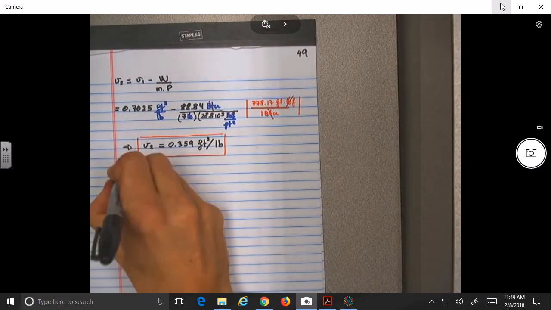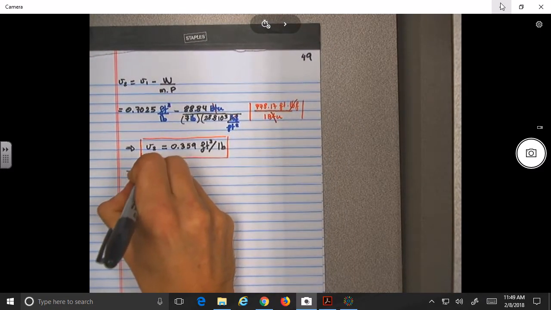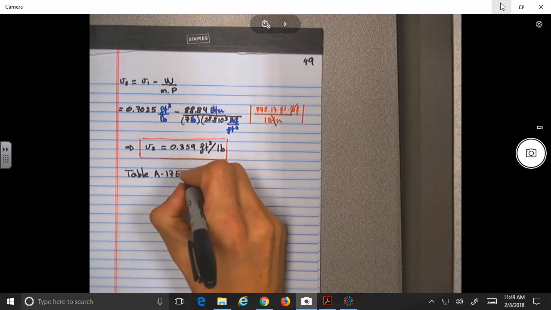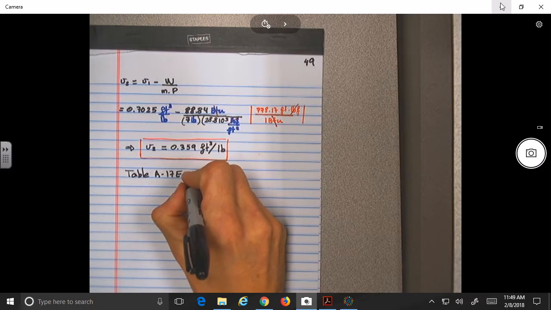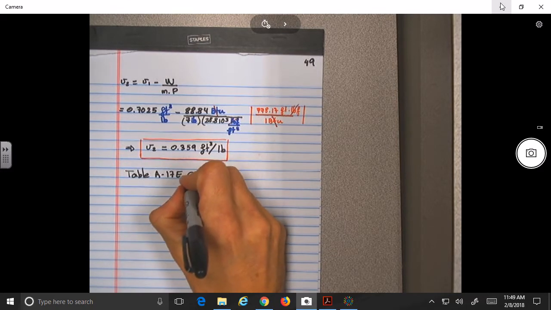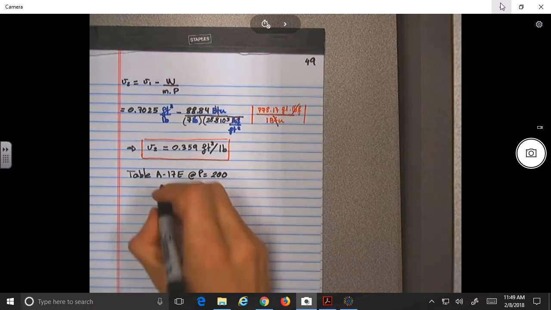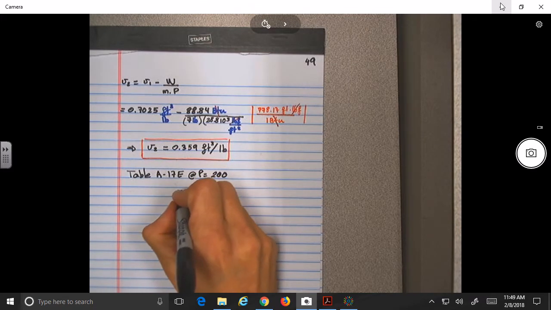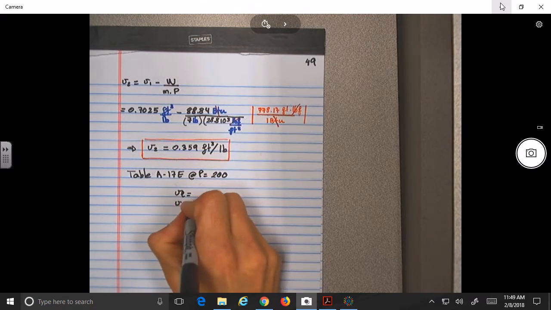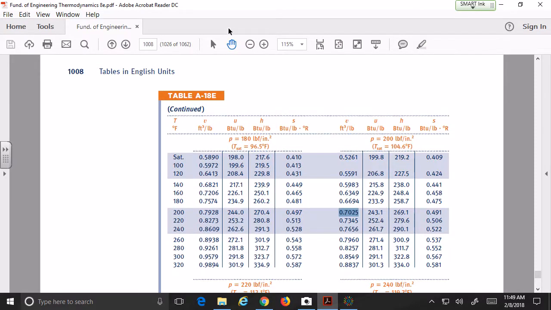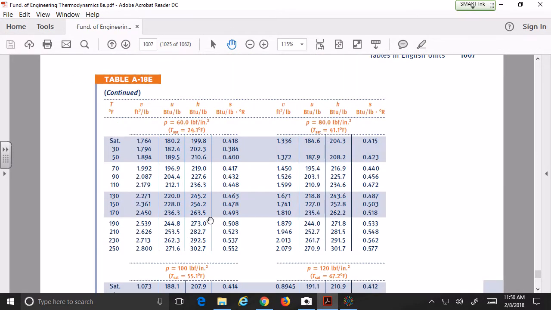So we go back to table A17E at P equals 200, and we're going to have V liquid and V gas. So let's see. There we go, table A17E.